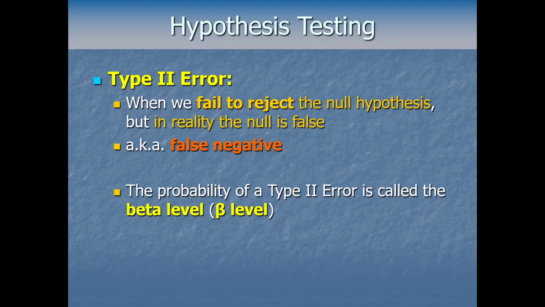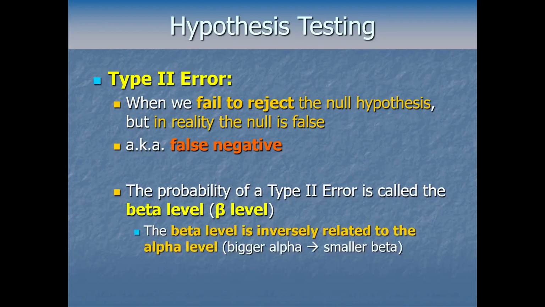And we know a couple things about it for sure. So first, the beta level is always going to be inversely related to the alpha level, just meaning the bigger the alpha level you choose, like if you choose a big one like 0.1 instead of 0.05, you will get a smaller beta level.